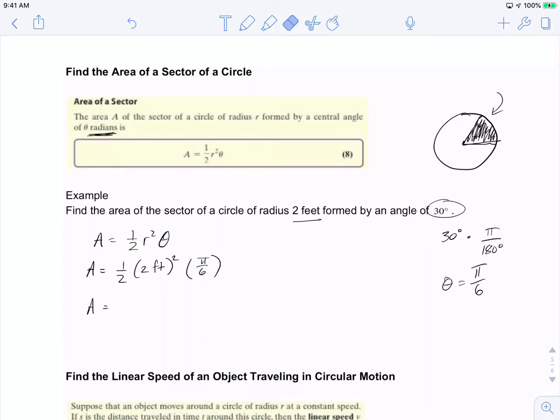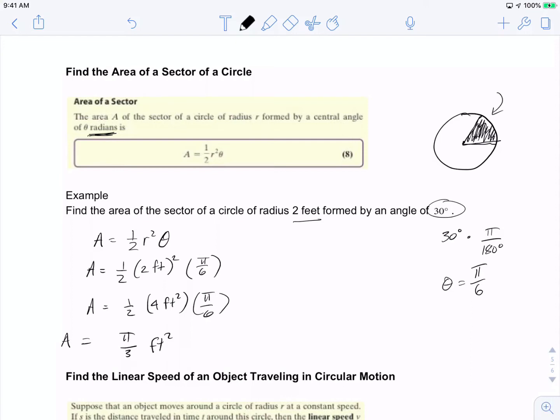I'll show the steps so you guys can see this. It's going to be 1/2 times 4 feet squared times pi over 6. And that's going to result in the area being pi over 3 feet squared.